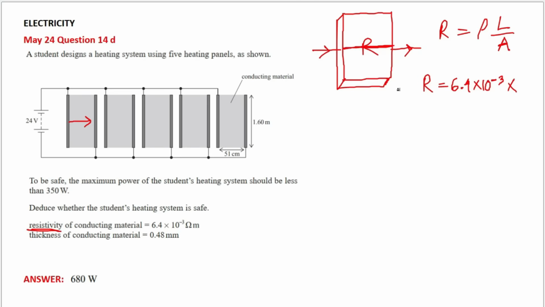So this is very important. I think a lot of people messed up this concept this year. So current flows through this length of the conducting material. So this is the L, which is 51 centimeter. You convert this to meter, divide by 100, that is 0.51.